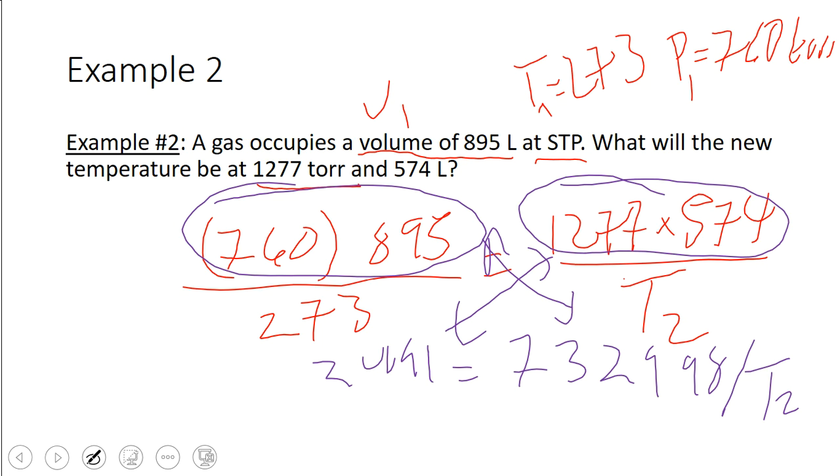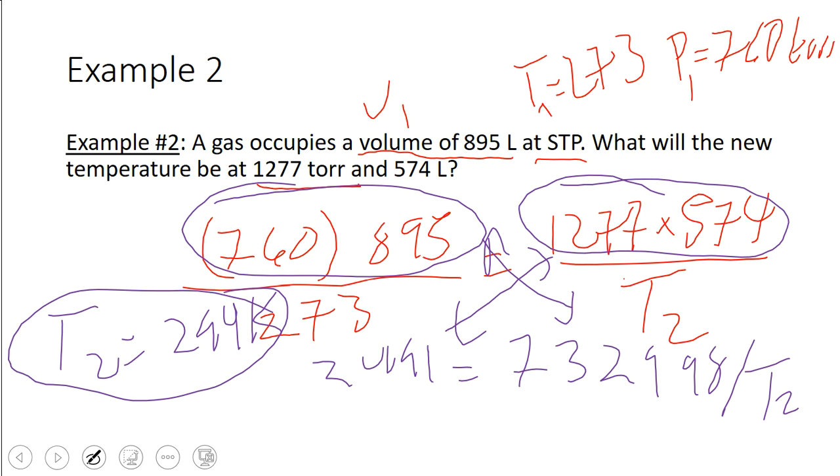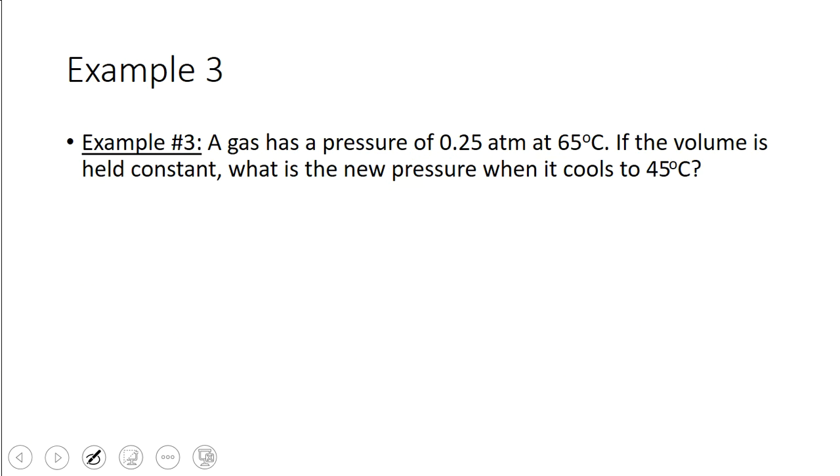Then you multiply T2 over to the other side, so it comes out to be this divided by 2491. And you get a temperature, T2 is equal to 294 Kelvin. That's your answer. All right, that was hideous, but that's the way it goes.